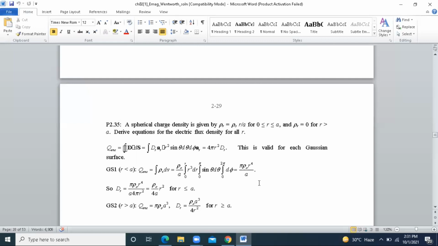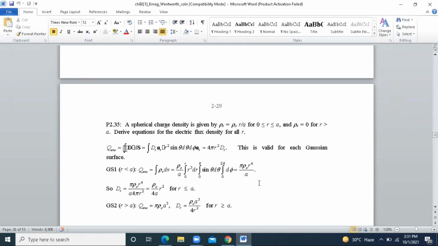So you would get this equation where it says Q_enc equals the integral of rho_v dv equals rho_0 over a. The r from rho_0 r over a multiplies by the r squared, and they get r cubed.